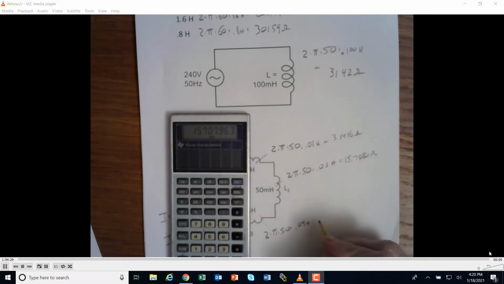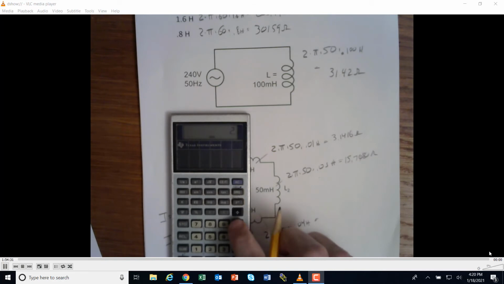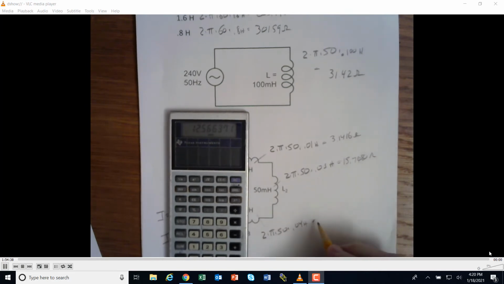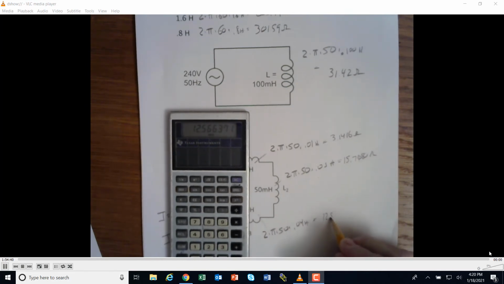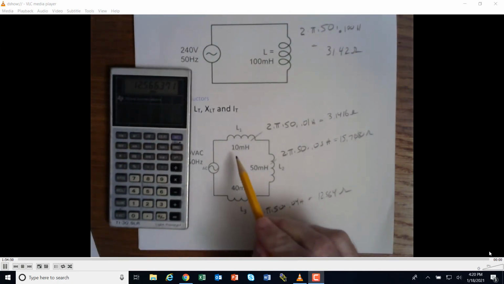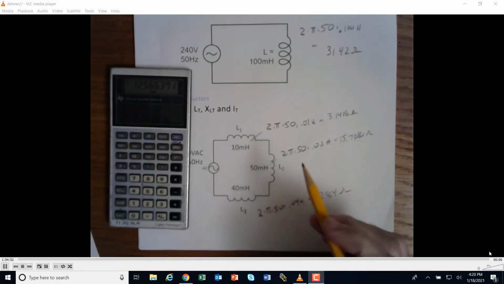And then this one down here, 2 times pi times 50 times 0.04 is 12.564. Okay.